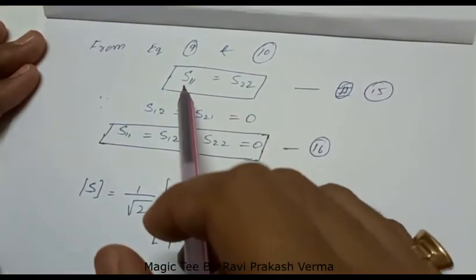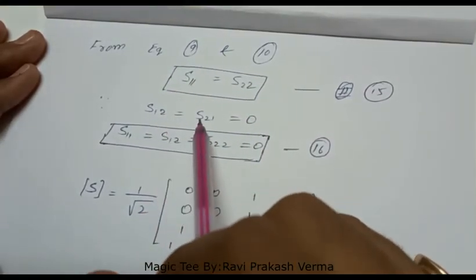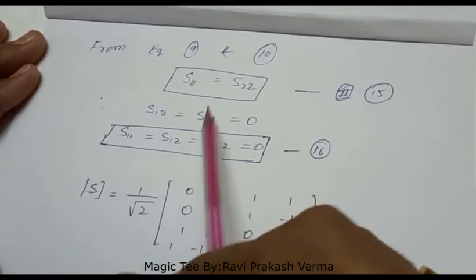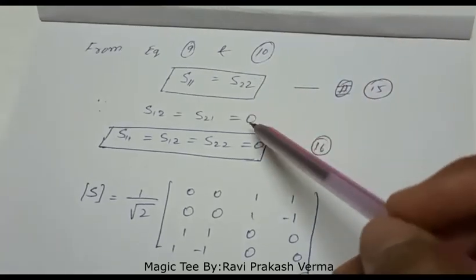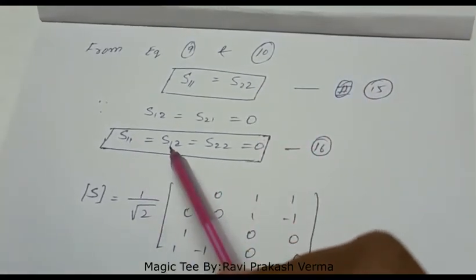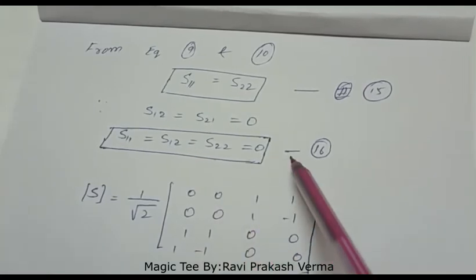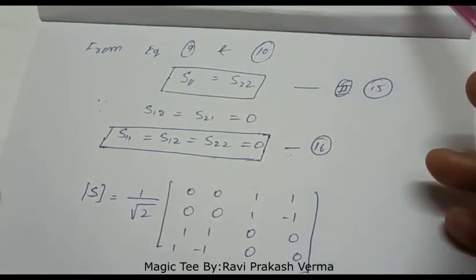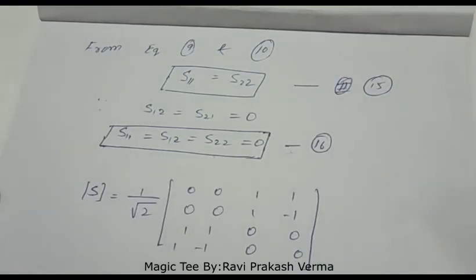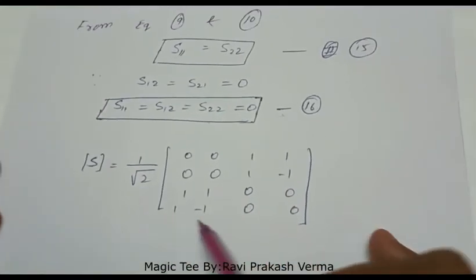And we have S12 is equal to S21, because we have already seen that if we provide input at port 1, the output at port 2 will be 0, that's why S12 is equal to S21. So by using this identity, we can say that S11 is equal to S12 is equal to S22 is equal to 0. By putting all these values from equations number 13, 14, 15 and 16 into the S matrix, we get this matrix form.